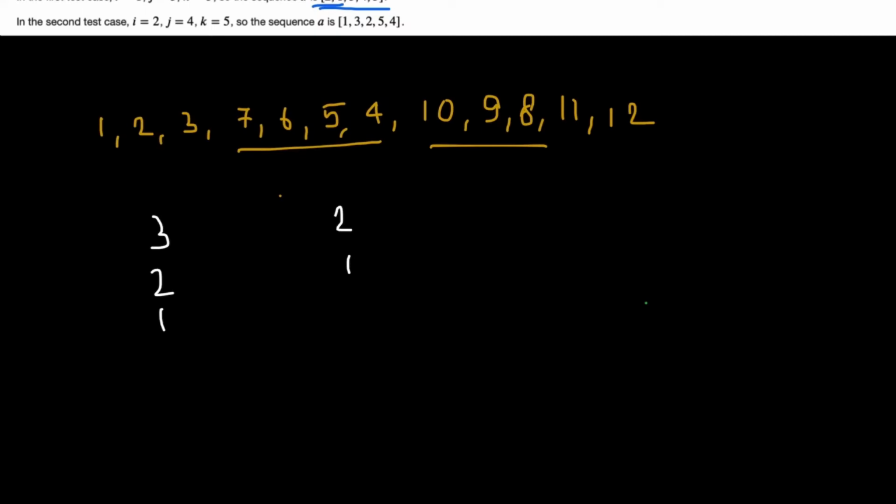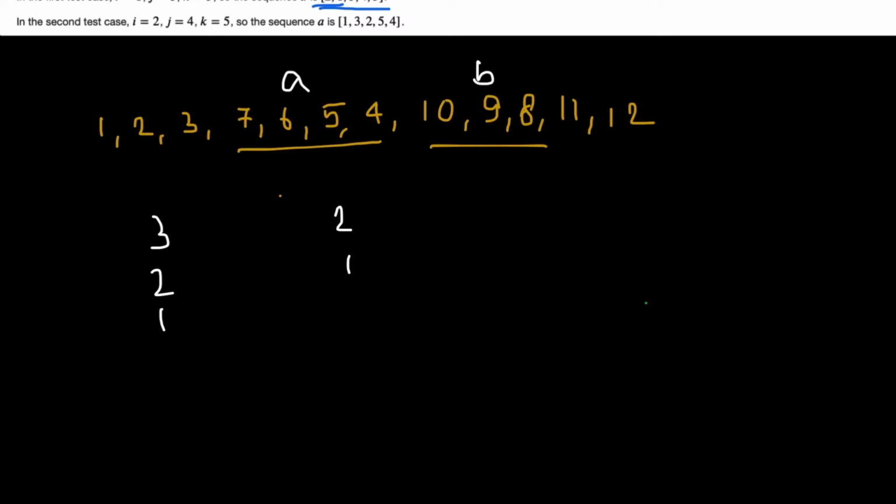And actually, if the length of this subsegment is A and the length of this subsegment is B, then it is going up to A minus 1. That is 1 plus 2 plus 3 plus 4 plus up to A minus 1. Here A is 4, so 1 plus 2 plus 3, so total 6 inversions are there. And here as B is equal to 3, the length is 3, so 1 plus 2, that is total 3 inversions there.